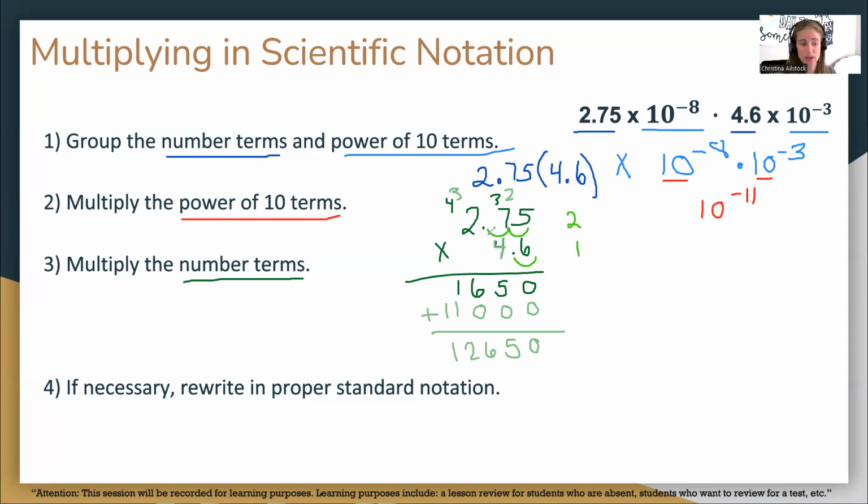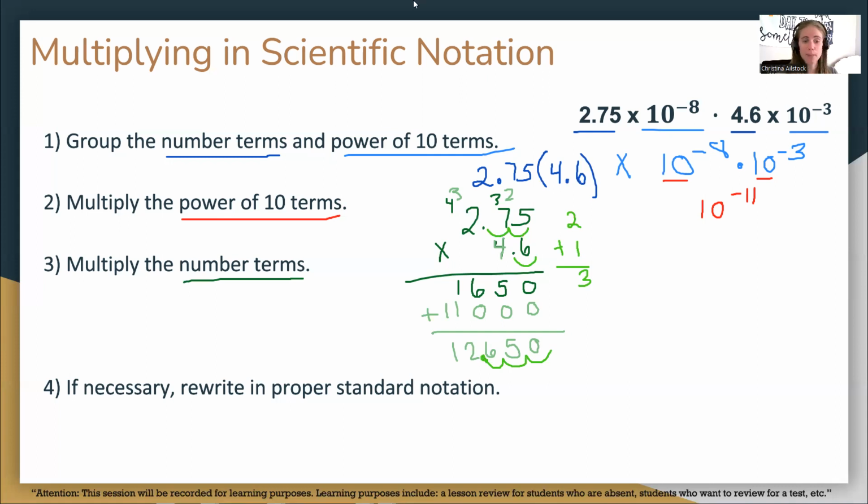So in the first number, we have 2 digits that follow the decimal point. In the second number, we have 1. We're going to tally that up, giving us 3, meaning in our final answer, we need to move that decimal point 3 times. Or another way to look at it is we'll have 3 digits following the decimal point. That places us right here.